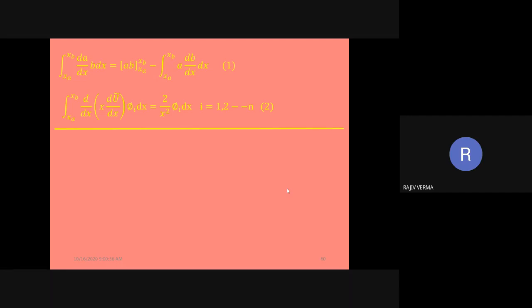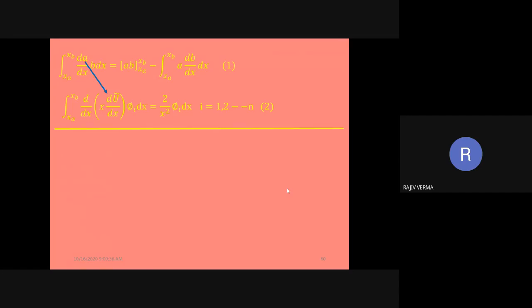So what you can notice is that in equation number 1 there is a term A which has been differentiated. Similarly in equation number 2 there is a term x into du by dx which has been differentiated. So I assume that A becomes x multiplied by du by dx.